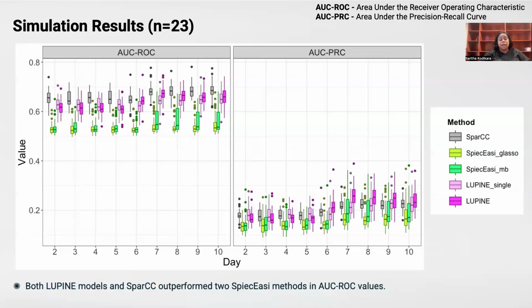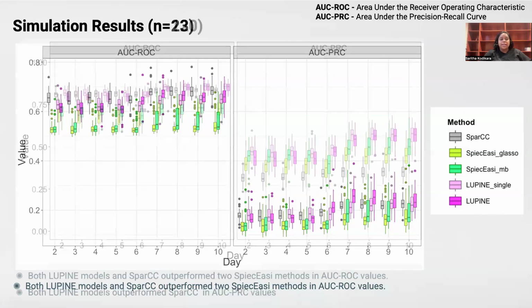But it is computationally more efficient, like 3 times faster than sparse CC. The lowest ROC values are observed in speakeasy. And for the precision recall curve, the results are very similar across all the methods. That's what we observe when n is equal to 23.